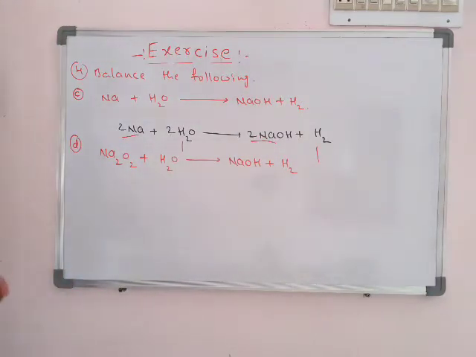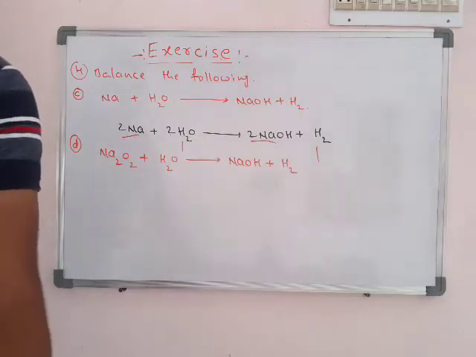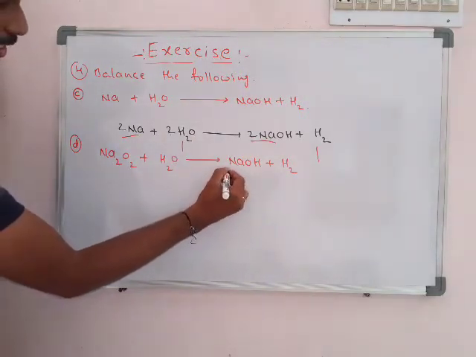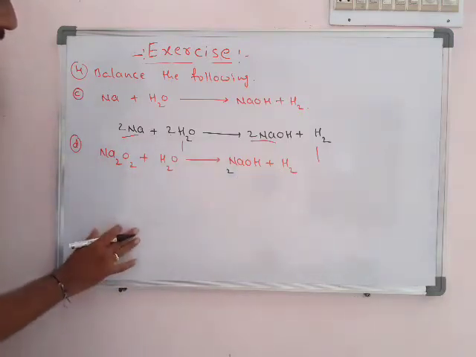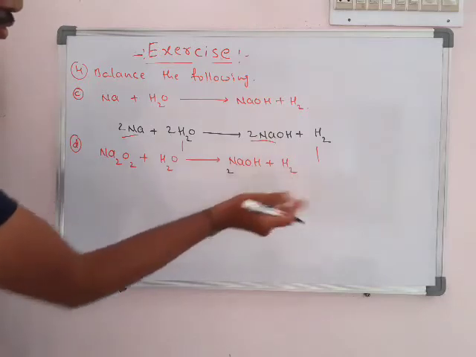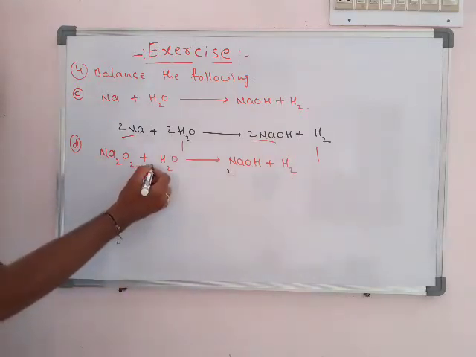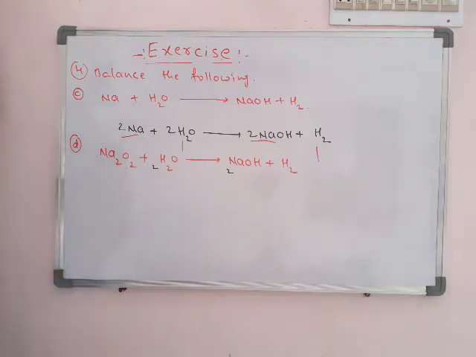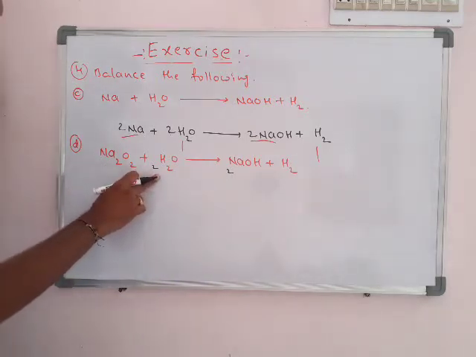So balance it. So 2 sodiums, only 1 sodium, okay, we are trying 2 sodiums. Hydrogens 2, here 2 to 4 are there. So oxygens, it will be the problem with oxygens. Here 2 to 4 oxygens are there.